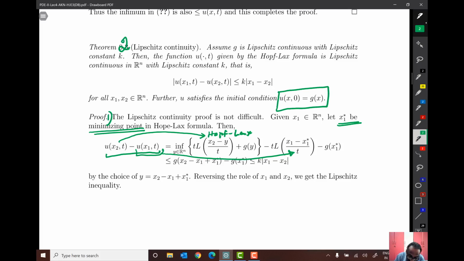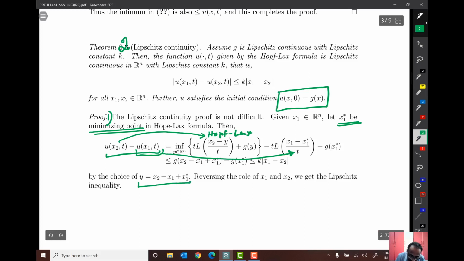So this is exactly equal. It's not that I am removing the infimum; I am looking for the minimizer. And for this point, now I will cleverly choose my y. I don't want my L here, so I choose my y like this.